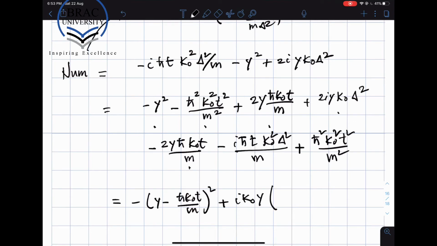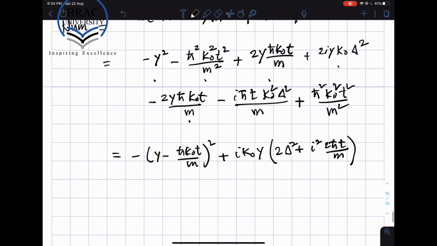And if we do this, we get in the bracket 2 delta squared plus 2 h bar t over m. And then in the last two terms, we can factor out again a bunch of stuff.